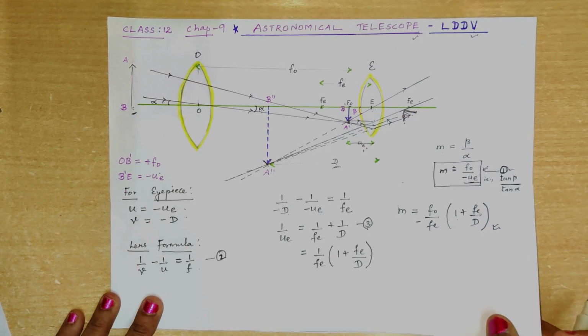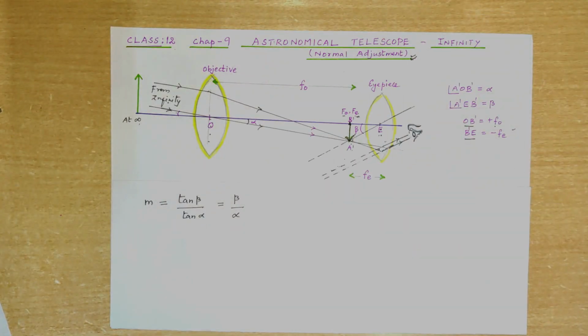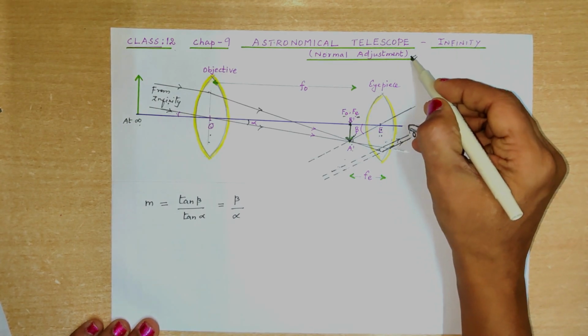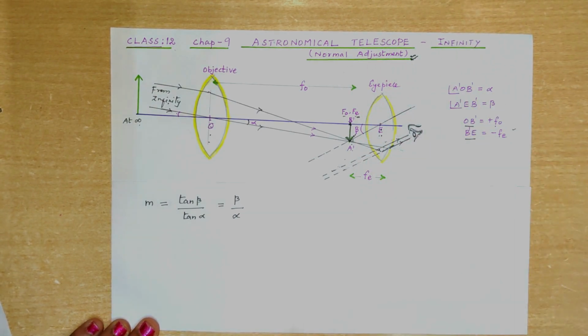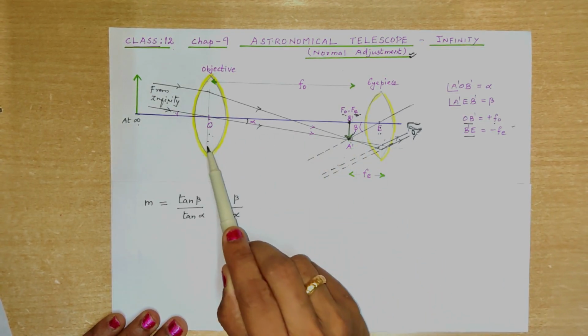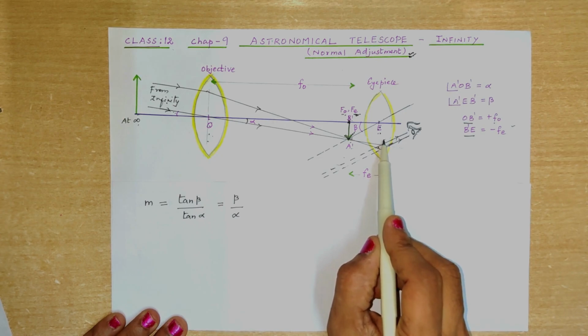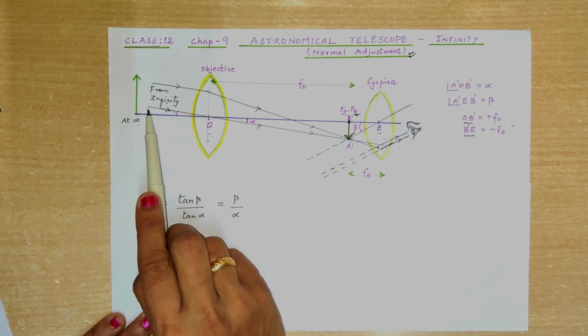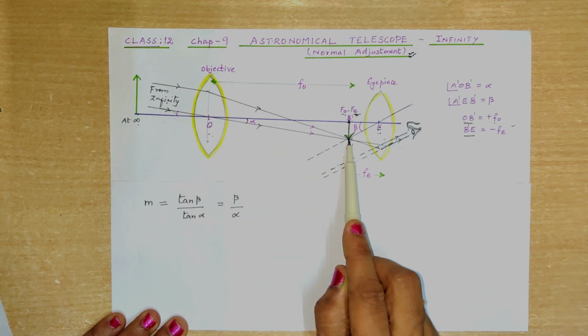Now we have to discuss the second case, when the image is formed at infinite position. This infinite position can also be termed the normal adjustment position. Here is a ray diagram having two lenses, objective and eyepiece. The rays coming from the infinite object are focused here at one point.